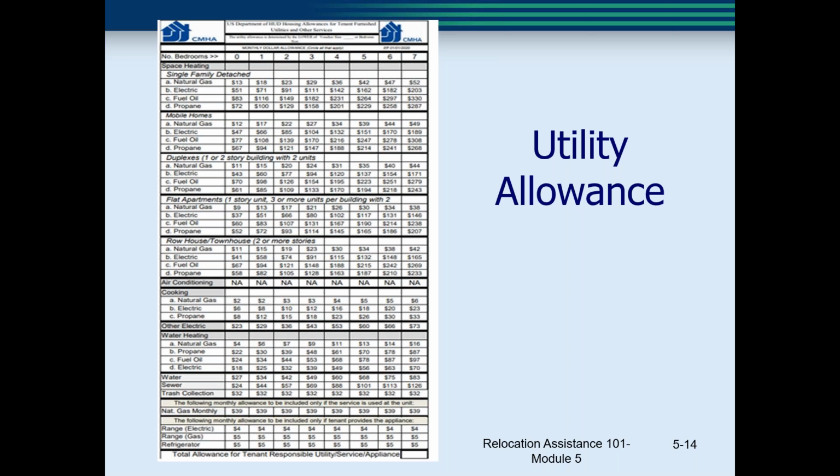And what you do is you match up the utility rate: you look at the type of home, you look at the type of usage. Is it gas? Is it electric? Is it water? And then you're going to look at the number of bedrooms in the house. And that's going to give you the utility rate that you are going to use in your calculations.